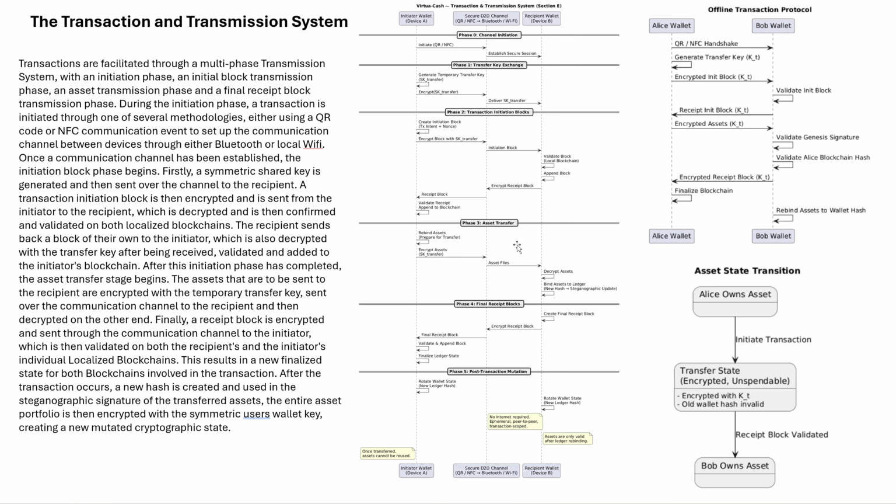What this does is I decrypt my assets, and I rebind my asset temporarily. I'm putting in the signature that shows that this initiation and receipt block that I got to start up the transaction in phase 2 is rebinded, and then I can send that asset over.